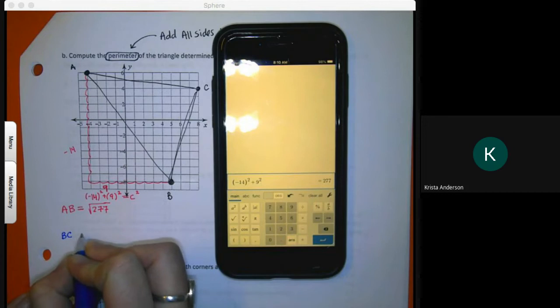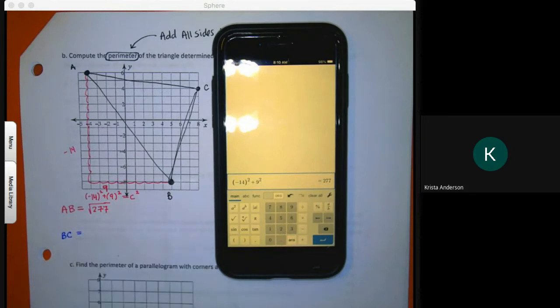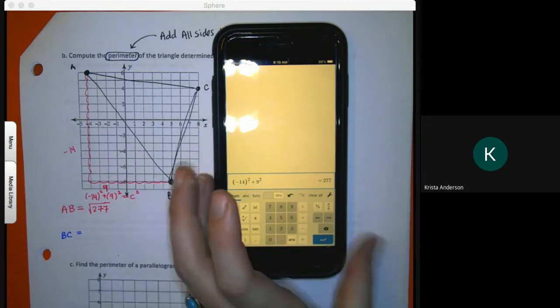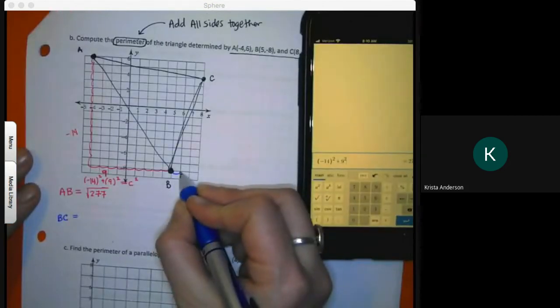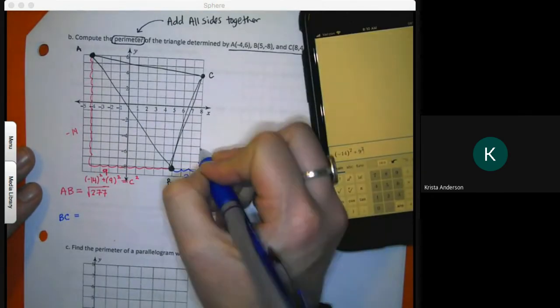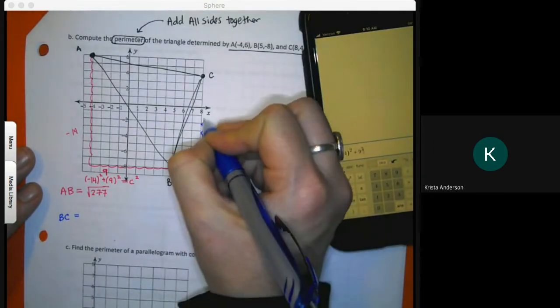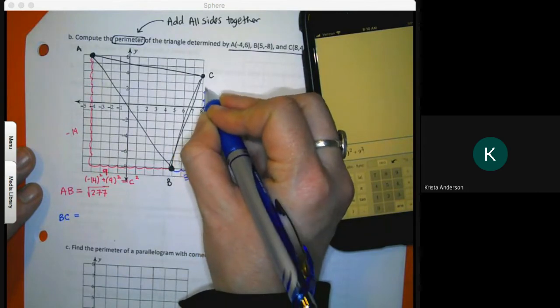What about B to C? I'm going to count. 1, 2, 3. 1, 2, 3, 4, 5, 6, 7, 8, 9, 10, 11, 12. That means I would do 3 squared plus 12 squared.